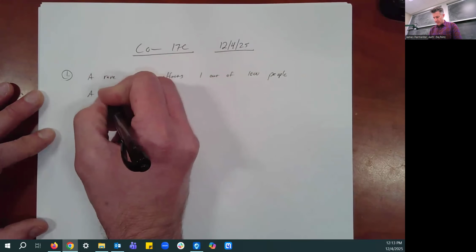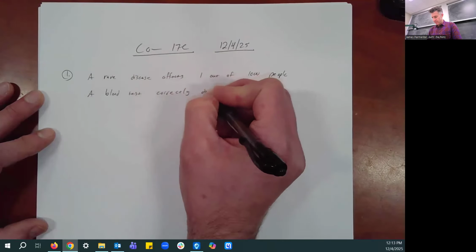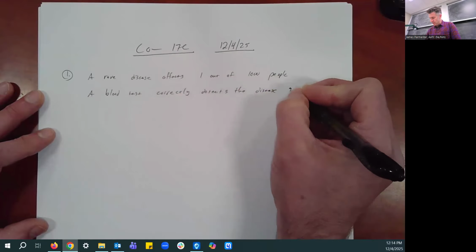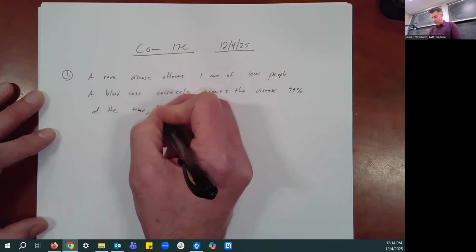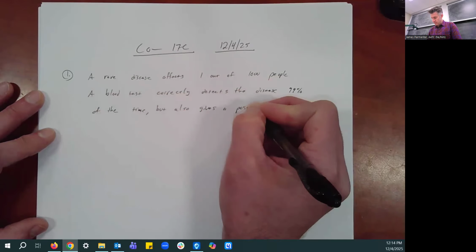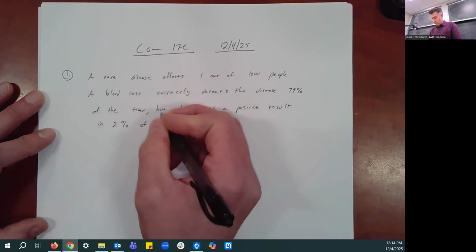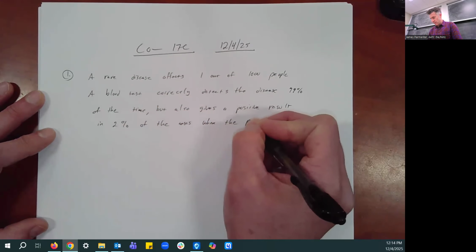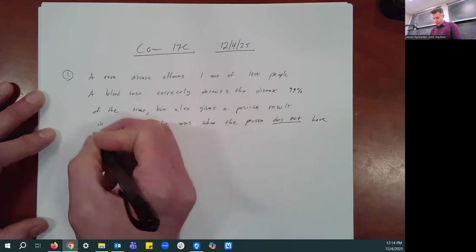A blood test correctly detects the disease 99% of the time, but also gives a positive result in 2% of the cases when the person does not have the disease, also known as a false positive.